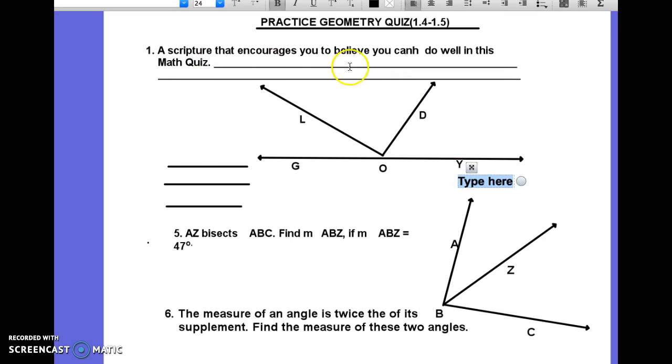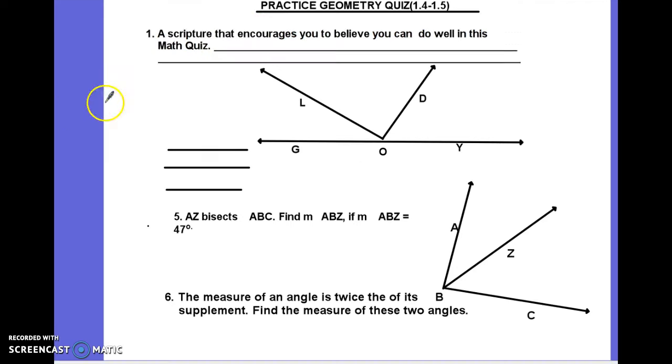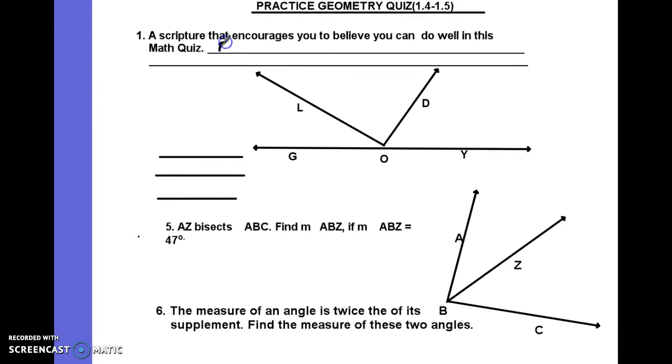It's the scripture that encourages you to believe you can. And there should be "can" right here. Do well in this very quiz. I trust by now everybody knows it. It's from Luke 1:37, what Gabriel said to Mary. He said, "For with God..." So what's the next word?